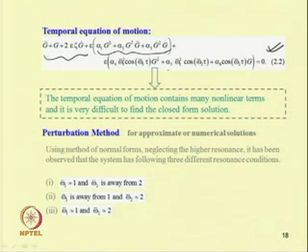Already we have this alpha 4 and alpha 5. These two terms were there before, due to the base excitation, and now we have an additional term, alpha 6 cos omega 2 bar tau, which is due to the axial loading.